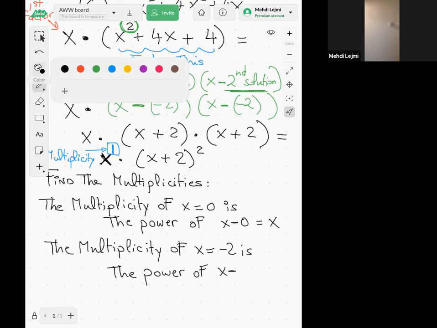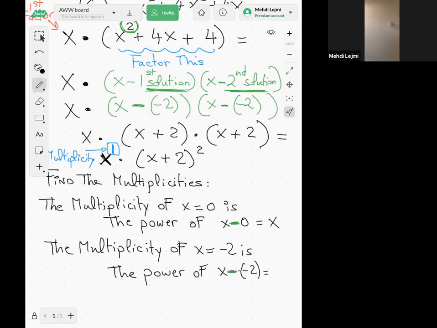This is very important: it's minus here. This is x minus 0, this is x minus -2. And of course, x minus -2 would be x plus 2. So what's the power of x plus 2 here? Well, it's 2, the exponent 2. So that's the multiplicity of x equal to -2.